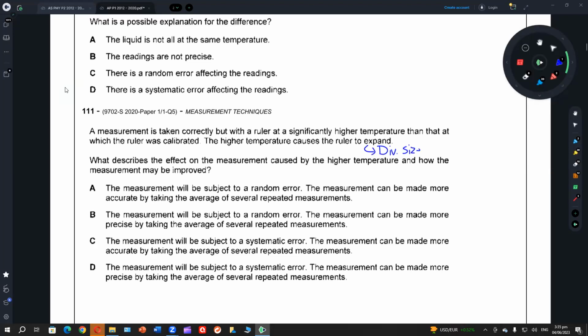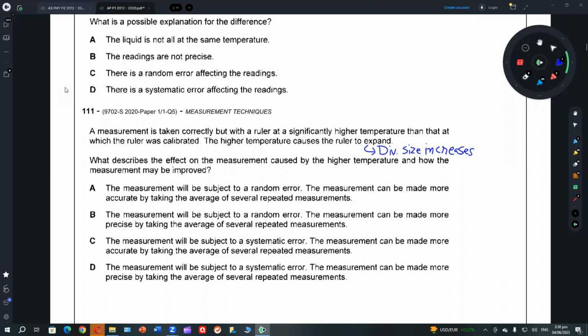So will C and D be wrong as they are giving a wrong justification for the systematic error? Maybe. What systematic error? I think the systematic error cannot be fixed by repetition. First we see, is it a systematic error? Because we do not know how much, because it is not mentioned how much temperature is increased.